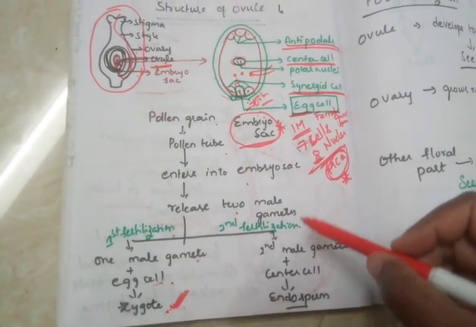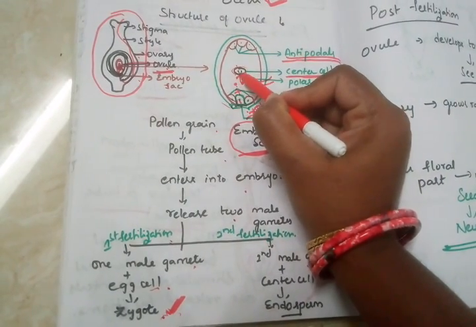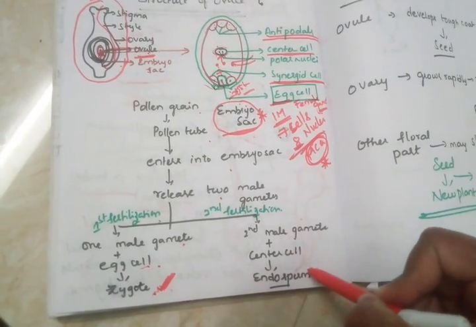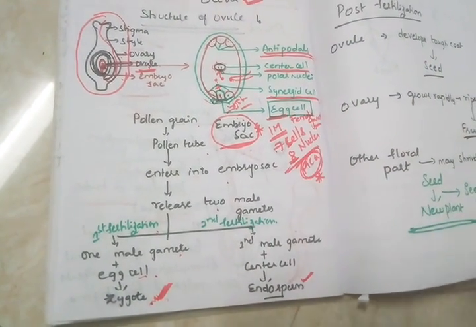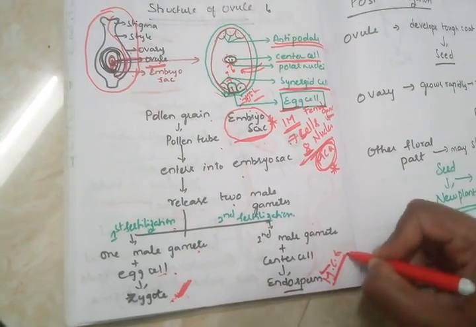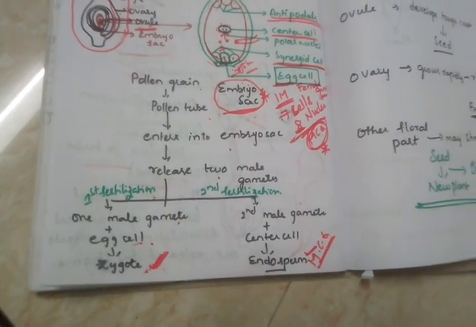Now look at the fate of the second male gamete. It fuses with the center cell. The second male gamete fuses with the center cell and forms a structure called endosperm, which is also an important MCQ question. The second male gamete and center cell form what structure? Endosperm.